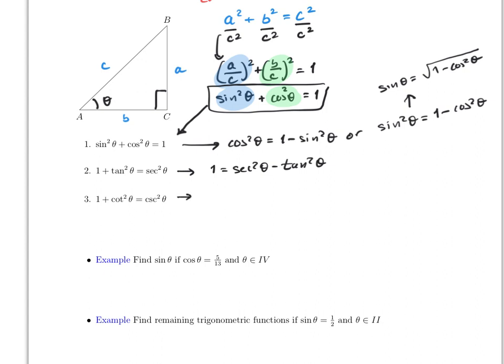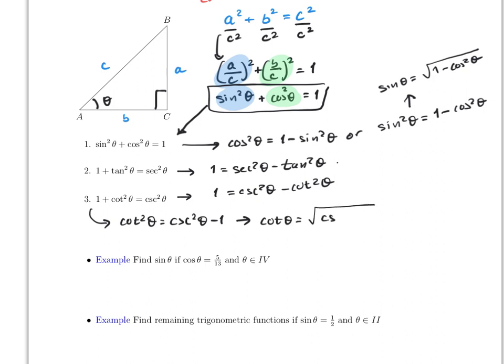You can see from here that 1 will be equal to cosecant squared theta minus cotangent squared theta, and so forth. From here, you could also say that cotangent squared theta is cosecant squared theta minus 1, and even cotangent theta is the square root of cosecant squared theta minus 1, and so forth.